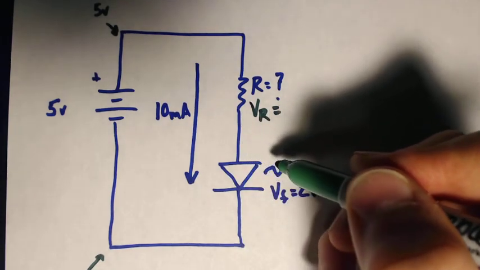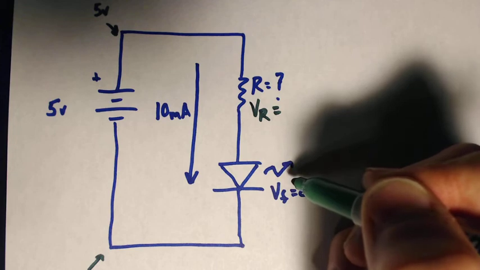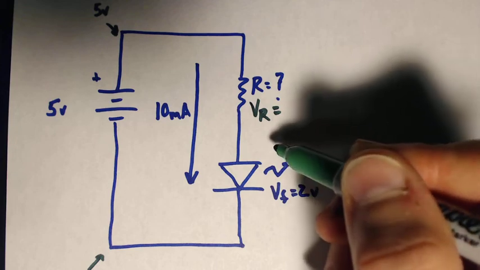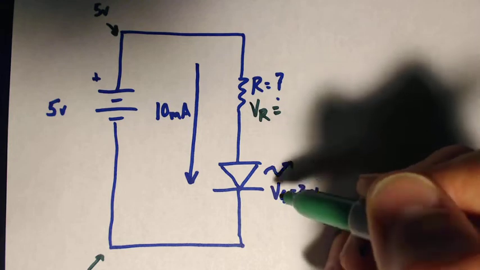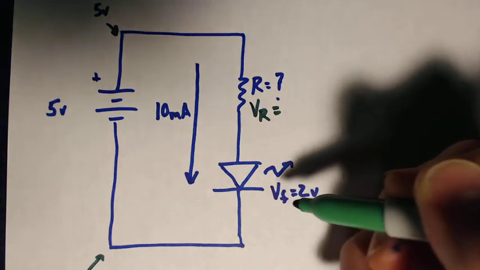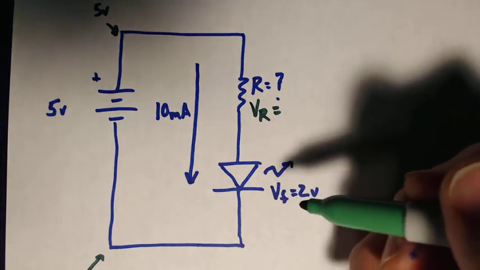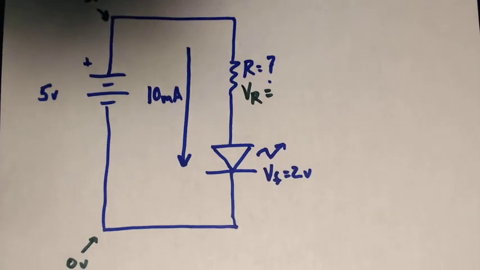The forward voltage is the voltage drop across the diode when the diode is forward biased and conducting. I'm going to write that out.